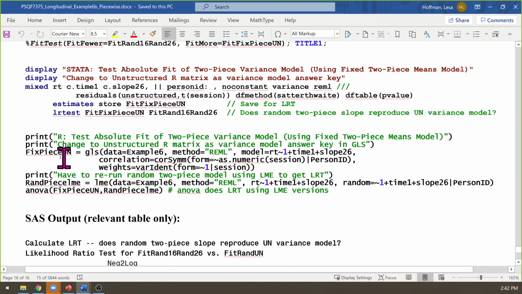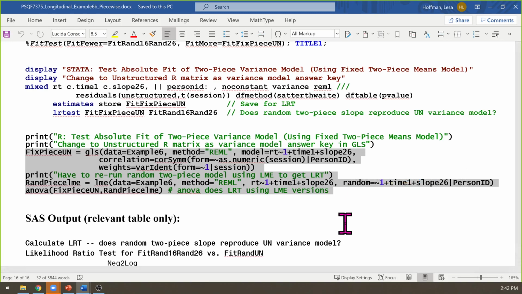And in R, I had to do an extra step. One of the things that I've learned about model comparisons in R is that they do not play across packages. So NLME is an R package that has GLS and LME, and those are the models that allow you to have some kind of level 1 R matrix, either an R-only model or a residual R matrix, whereas lmer, which is from the LME4 package, does not.